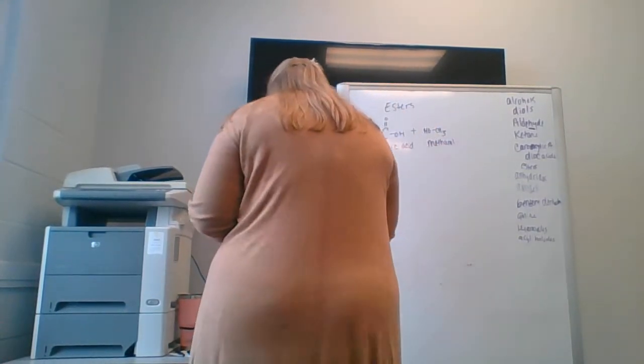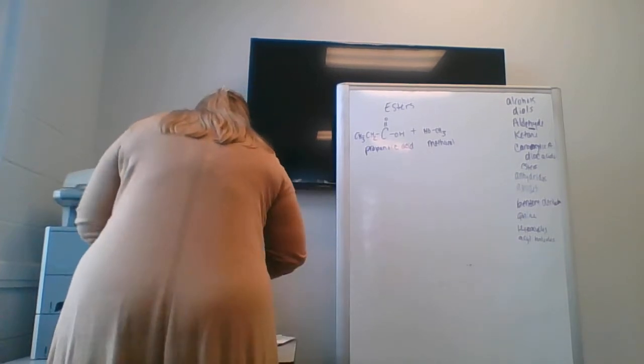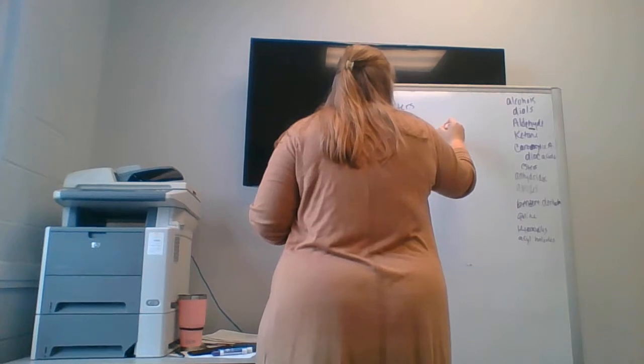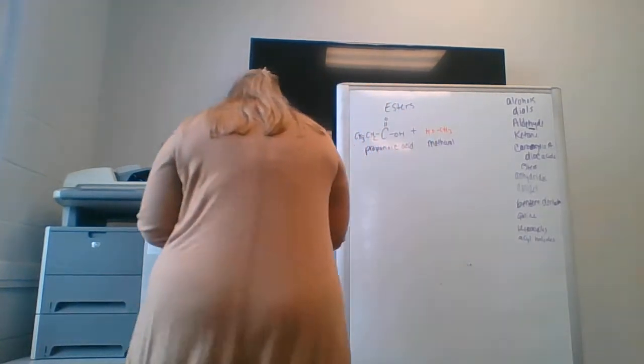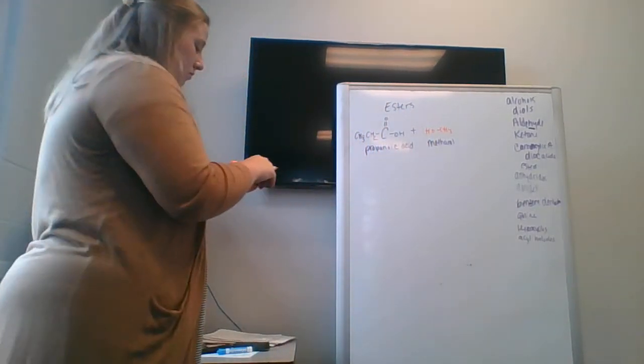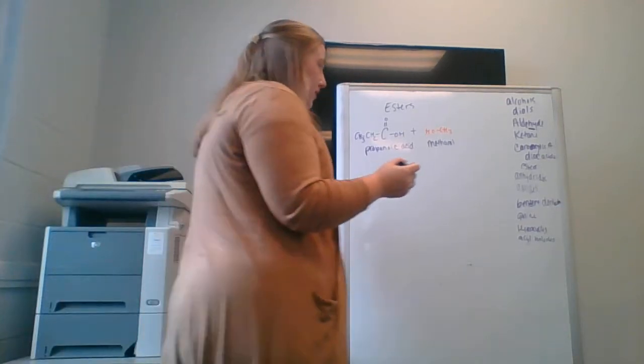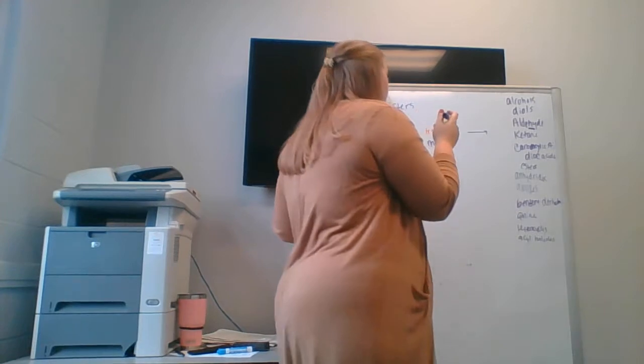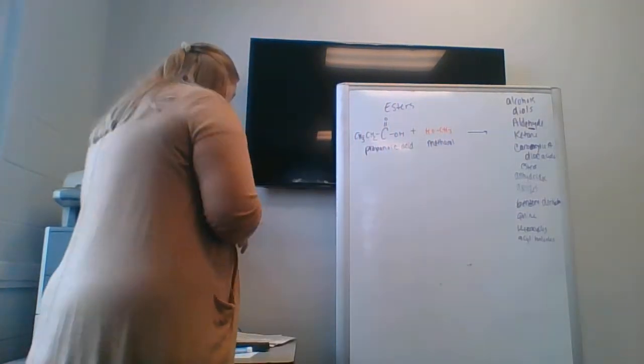Okay, and I'm actually going to use two different colors just to make it a little bit more clear. Esterification is a dehydration reaction. So we're going to heat this up and we're going to remove water.